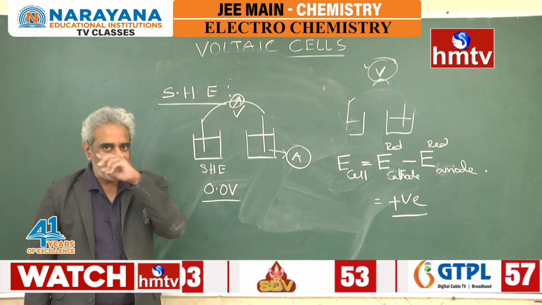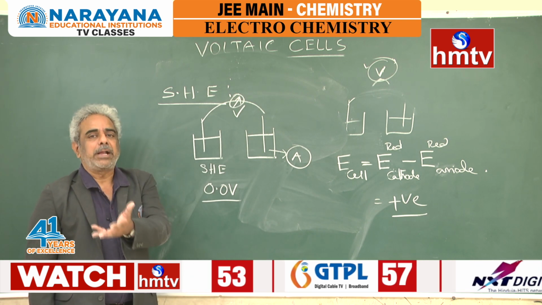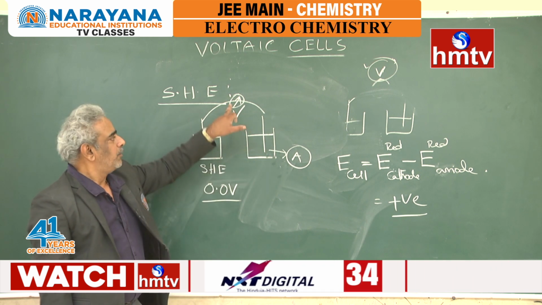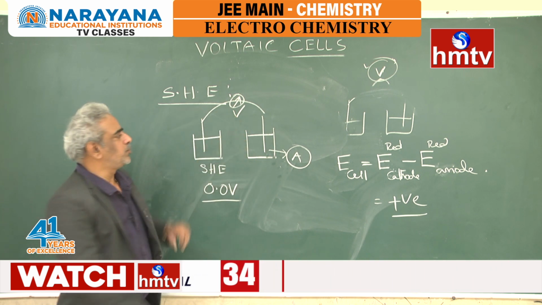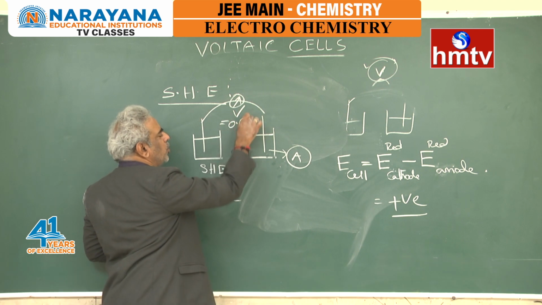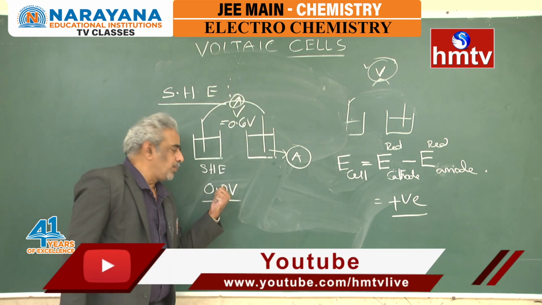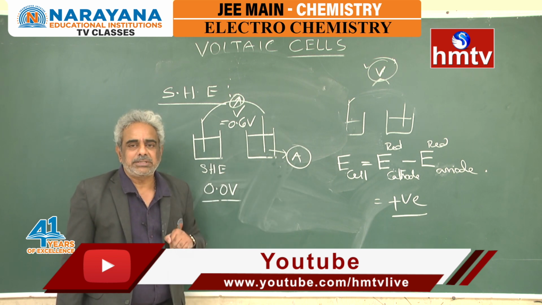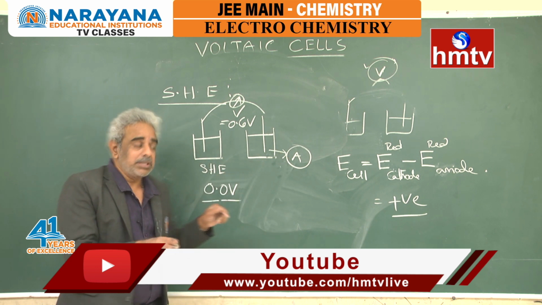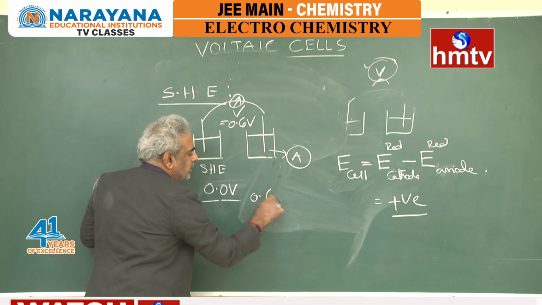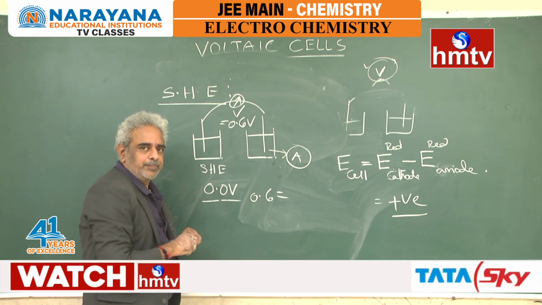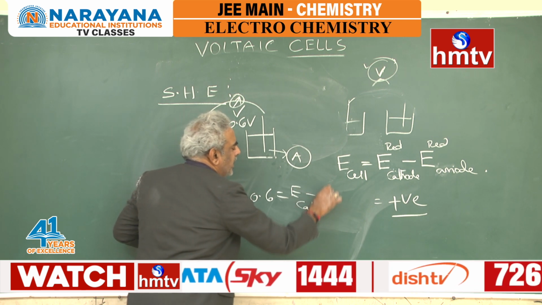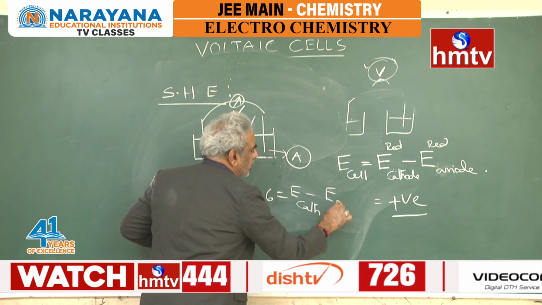So what do you understand? We can easily make out the potential of this electrode is whatever is shown here. Suppose this voltage is shown as 0.6 volts and contribution by this electrode being 0.0, what will be the voltage of this? 0.6, because cell potential is nothing but electrode potential of cathode minus electrode potential of anode.